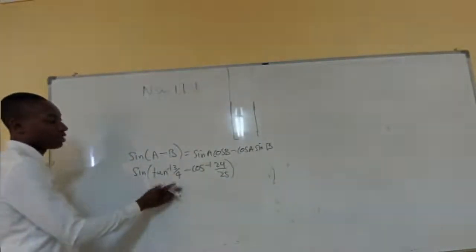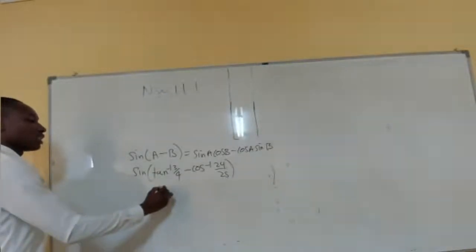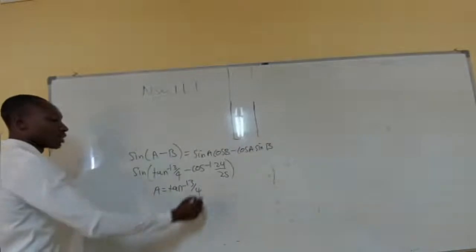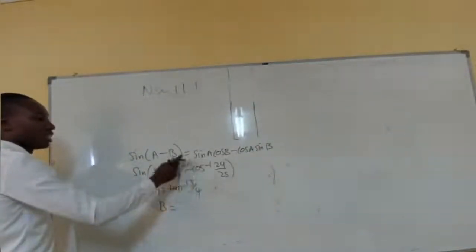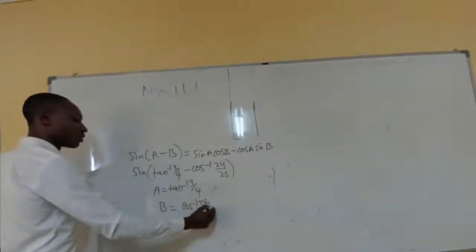So if you look at these two, you say from here A is actually tan inverse of 3 over 4, okay, and B is actually cos inverse of 24 over 25.